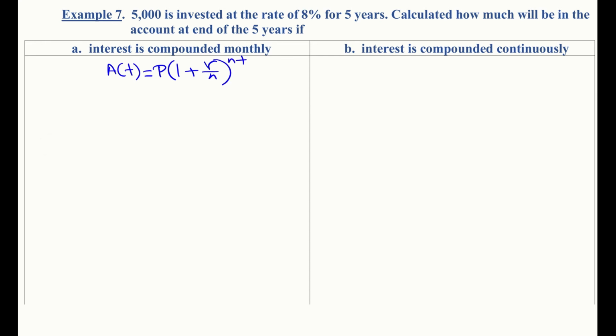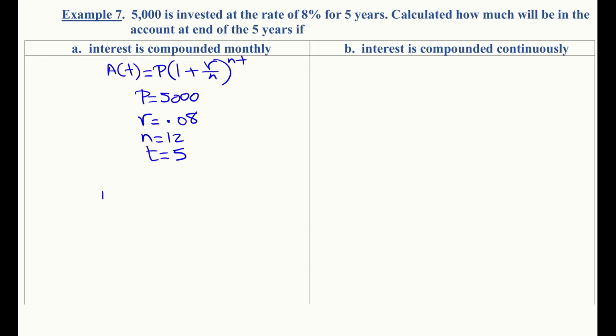Now, here the P is of course the present value, which is 5,000, that means at the inception of the investment. And r is 8%, which we will of course write as 0.08. And n, it's being compounded monthly, so n is 12. And t is the number of years, which is of course 5.